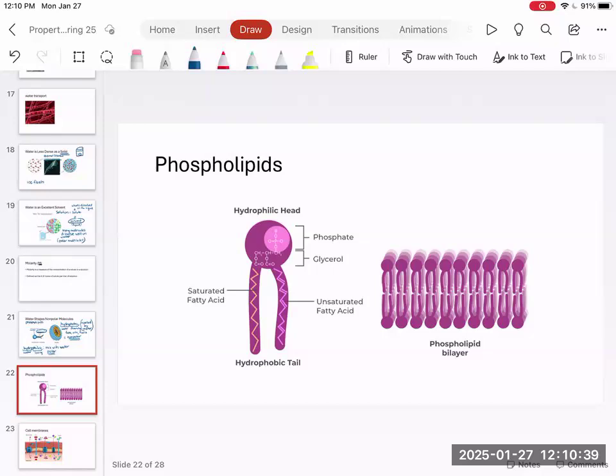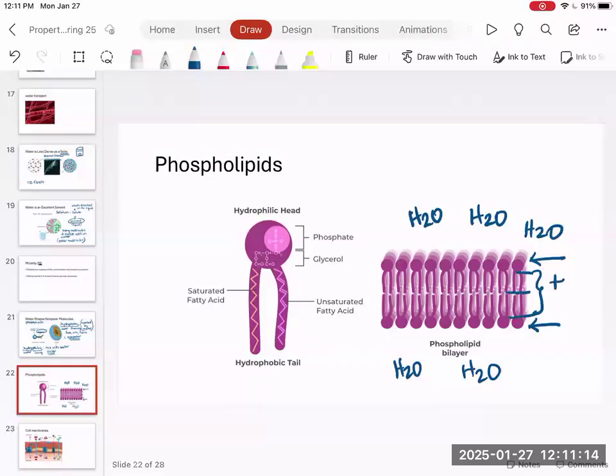So in a cell, you have water outside the cell and inside the cell. And those phospholipids would be flipping back and forth, because as they contact the water, those tails are going to get turned opposite of the water. They're going to flip around. What this causes is all the heads are going to be facing the water, and all of those tails are going to turn inward away from the water.